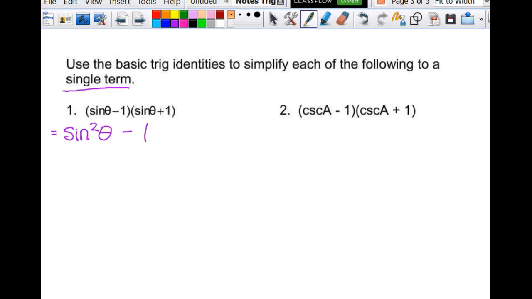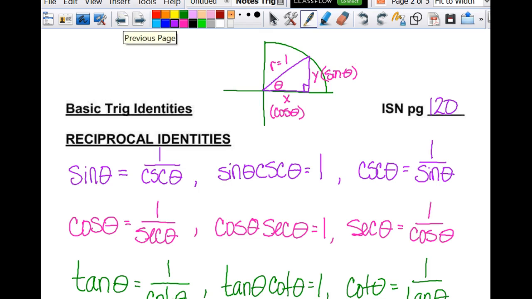So sine squared theta minus 1, what is that the same as? Look on the front there. Or actually, just what could I replace sine squared theta with? I could replace it with secant squared theta, or with 1 over cosecant squared theta, but I don't know if that's going to help me. But look at this right here.